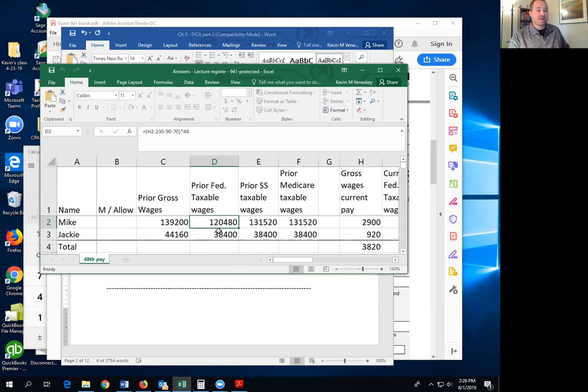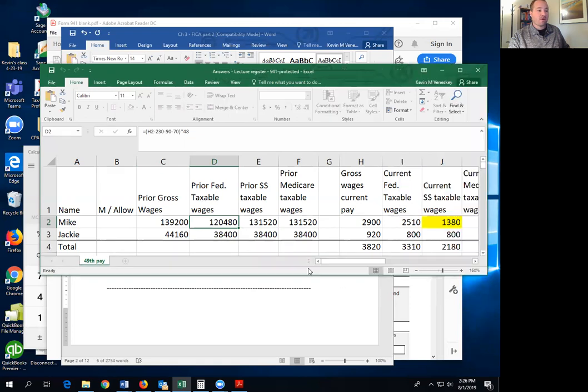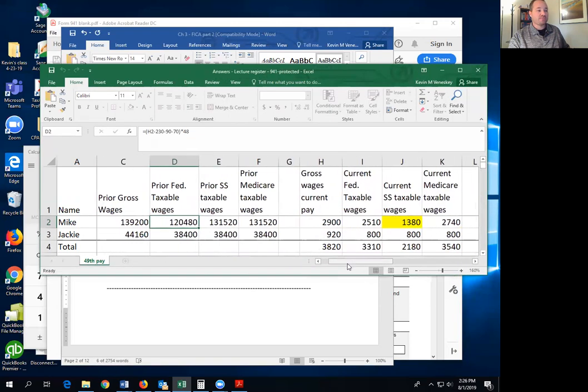So these are very important numbers, especially this one, when we get ready to figure out our current taxable wages. The federal one is easy. We can start that out first. It's basically what we just did to find our prior, except I'm not multiplying it by 48 now.